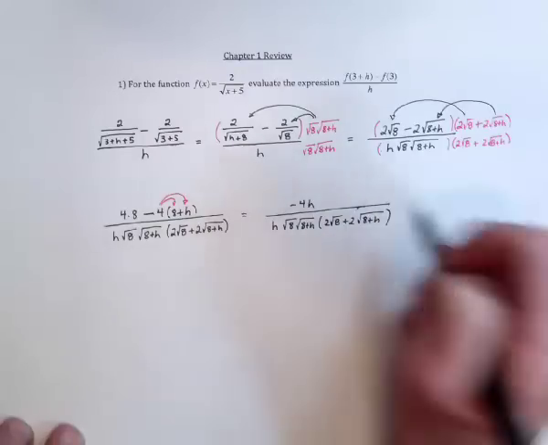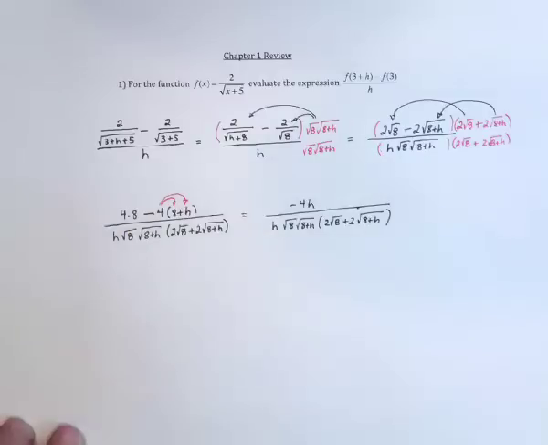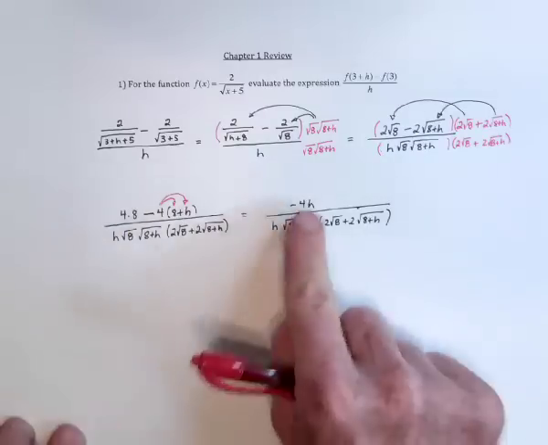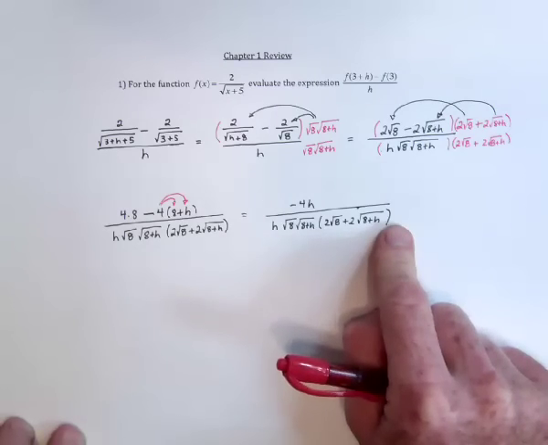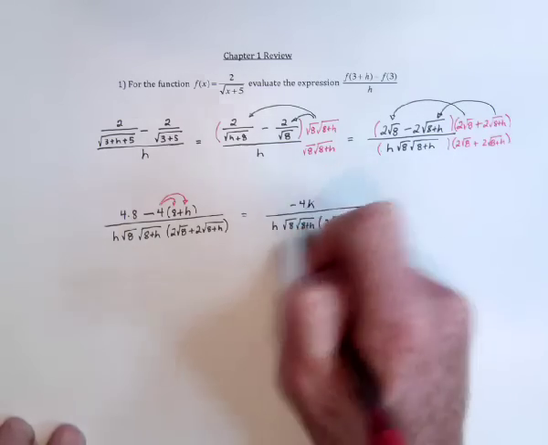And then, in the end, there's one more thing that we can cancel, and that is, now that this is one term, and this all glued together is one term, now we can cancel the h's.